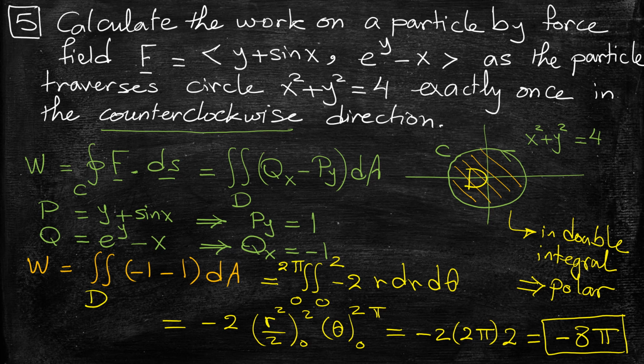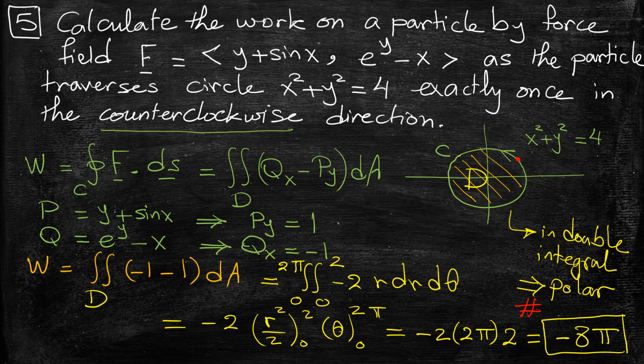What does this value represent here? It represents the work done on this particle moving with this force. After one cycle, it will have a work of minus 8 pi.